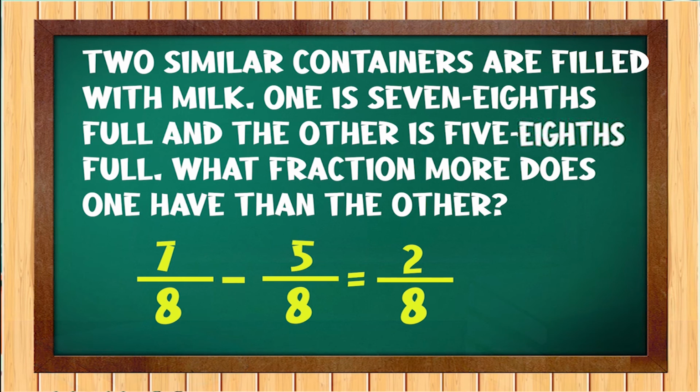So we will divide by 2. 2 into 2, 1. 2 into 8, 4. So now we can write our answer on the answer line. Our answer is 1/4. So one container has 1/4 more than the other container.